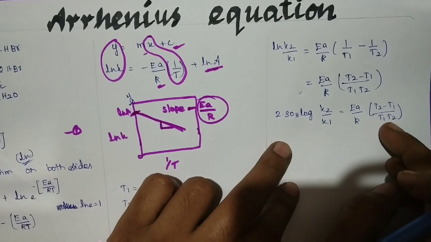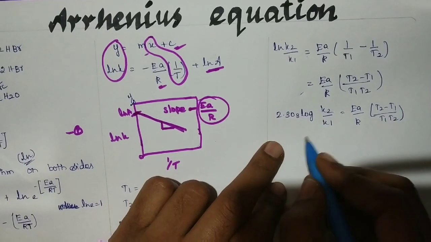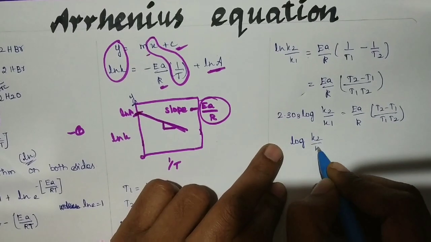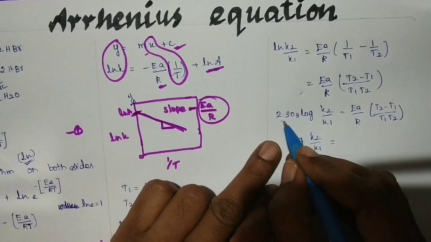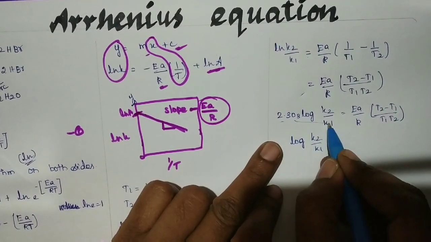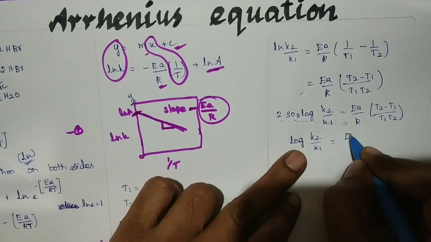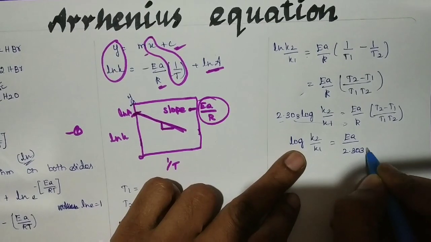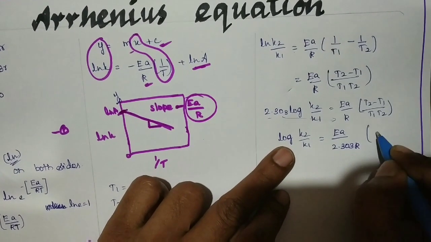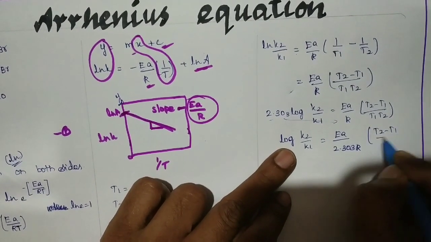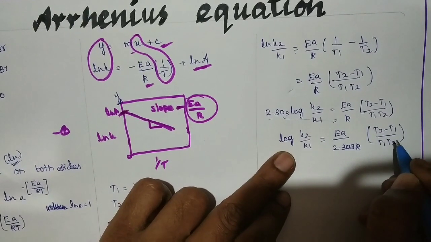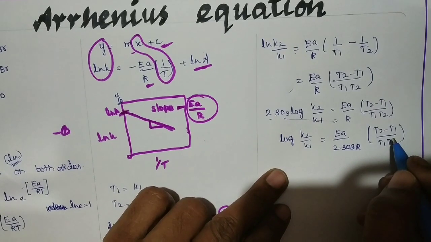Therefore log k2 by k1 is equal to Ea by 2.303 R into (T2 minus T1) divided by T1 into T2.